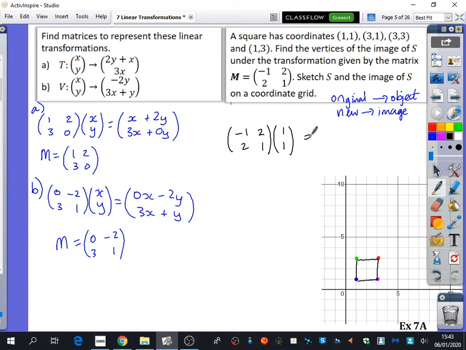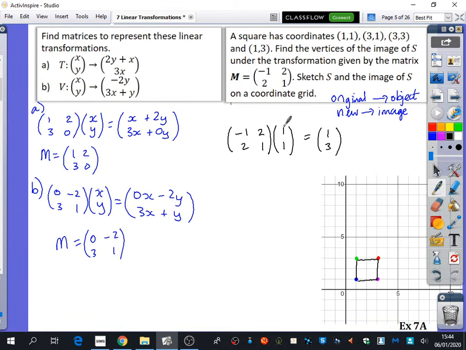You could do each coordinate separately, okay? If you wanted to, you can do each coordinate separately. And this is the way that the book says it, and I just think it's silly. So if you're going to do it separately, I'll just show you one of them. You'd have minus 1 times 1, which is minus 1, plus 2, which is 1. And then you've got 2 times 1, plus 1 times 1, which is 3.